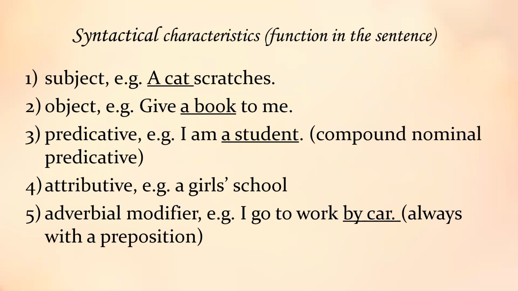Nouns can function in the sentence as a subject, object, predicative, attributive, or adverbial modifier. In "A cat scratches," the noun a cat functions as a subject. And in "Give a book to me," a book in the second sentence functions as an object, etc.